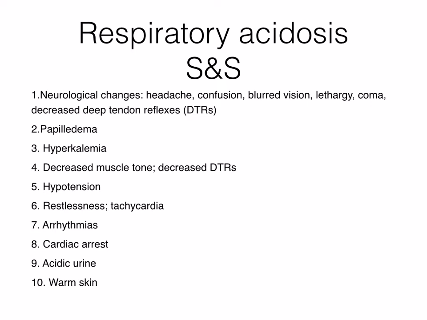Increased carbon dioxide levels will lead to decreased oxygen levels. So whenever in the body there is high carbon dioxide, it is leading the body to low oxygen level, and that's why the patient will be restless, and the patient can be tachycardic.